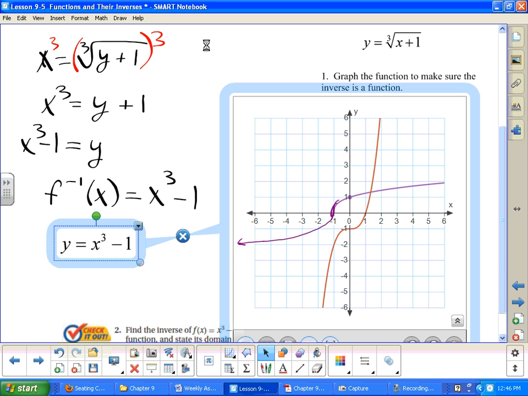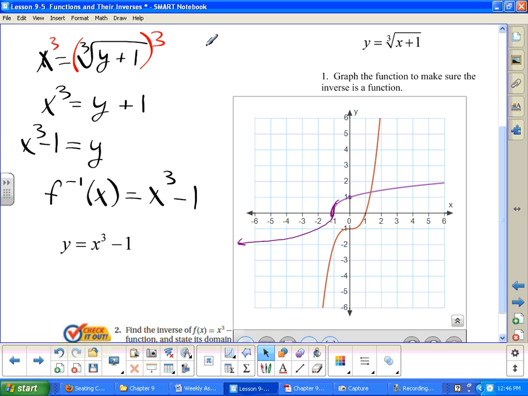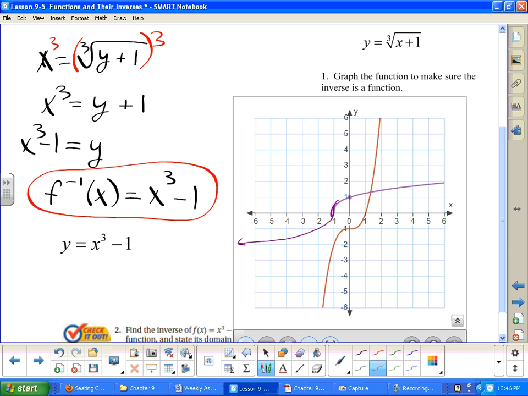And since it's going from negative infinity to positive infinity, then the range is all real numbers. So here's the inverse. It is a function. The domain is all real numbers, and the range is all real numbers.